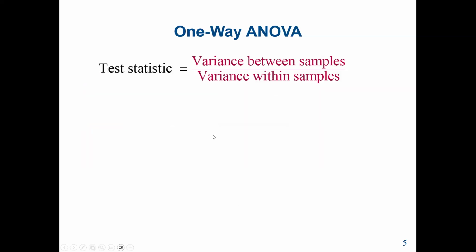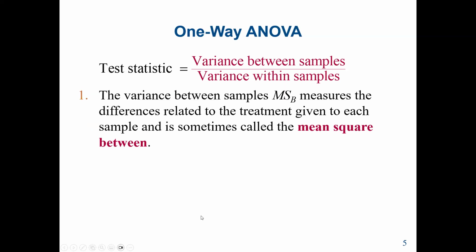So one-way ANOVA, first we start with the test statistic, which is equal to the variance between samples divided by the variance within samples. Now the variance between samples, abbreviated as MSB, will measure the difference related to the treatment given to each sample.